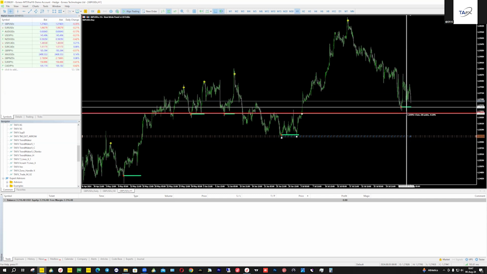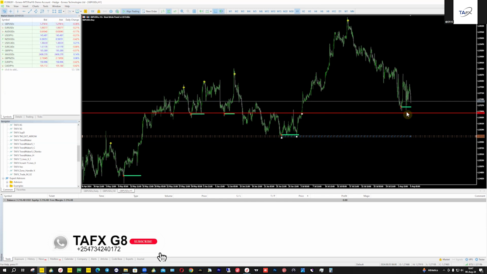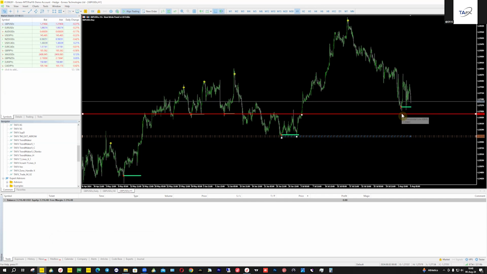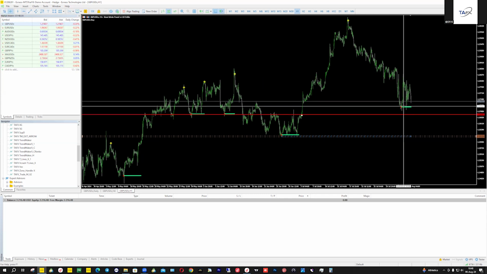This tells us this is where our stop loss will be here, all right? Because that is where the 30 pips is, somewhere here. Let us catch it again.